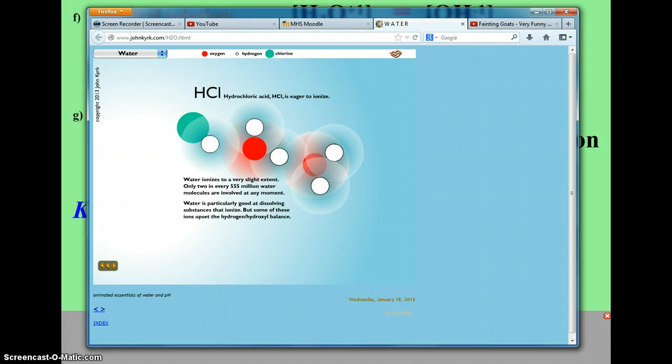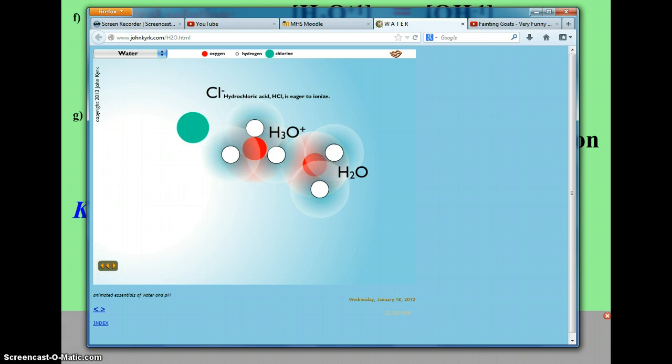So now what if something goes into this water, like hydrochloric acid? Hydrochloric acid goes into the water, and what ends up happening is it ionizes. It loses that hydrogen. So now we have a chloride ion, a water molecule, and a hydronium ion. We don't have the balance anymore because something was put in the water.